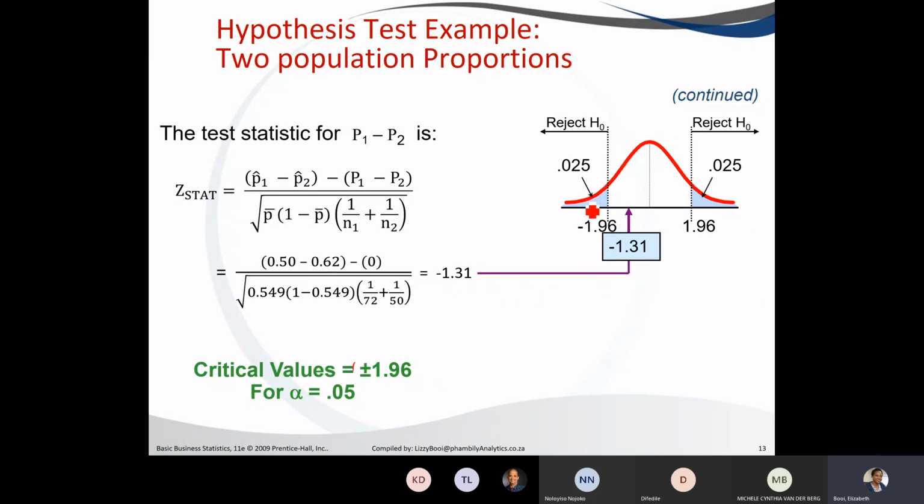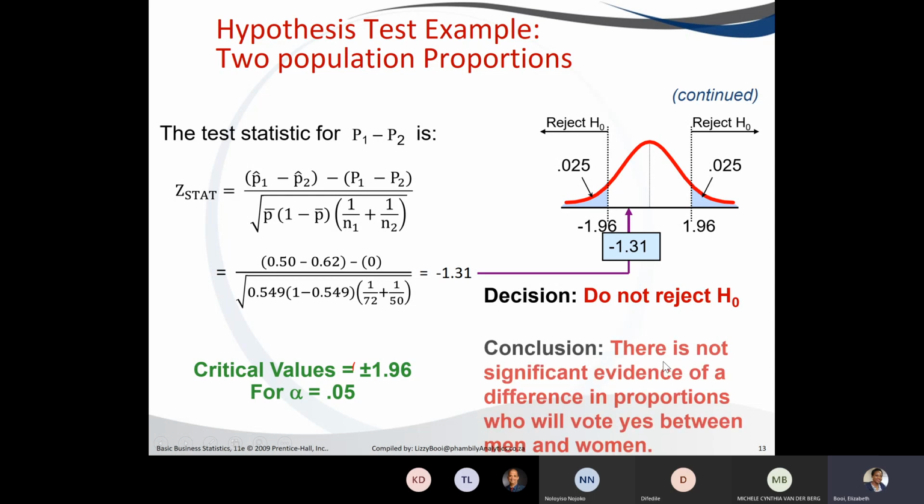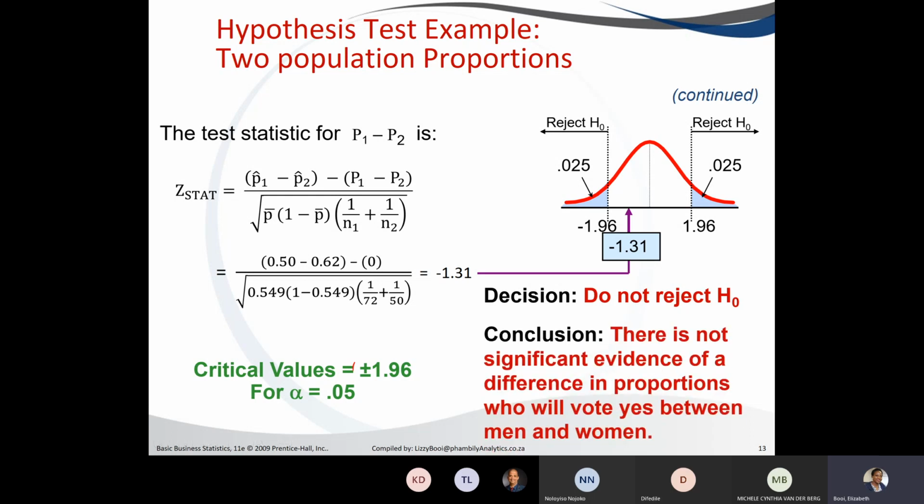Anything that falls in the shaded blue, I reject. Anything that falls in the shaded blue on the right, I reject. Anything that falls in between, I do not reject. My 131 falls in the white area. Therefore, it means I am not going to reject the null hypothesis, and I can conclude that there is not significant evidence for the difference in the proportion of who will vote yes between men and women.